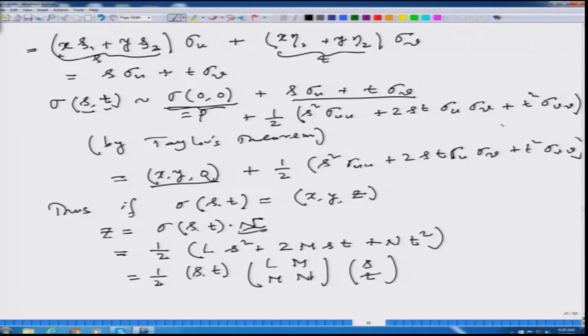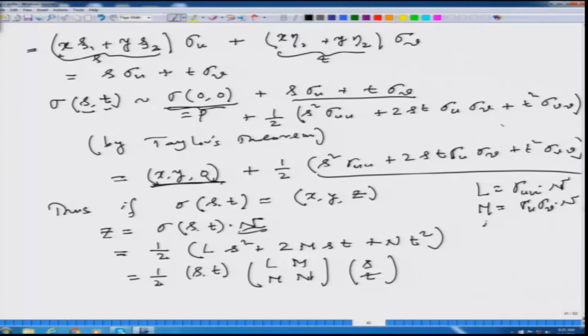So, the dot product of n with this fellow is 0, and the dot product of n with this fellow is s square times n dot sigma u u, that is our L by definition. Recall L is sigma u u dot n, m is sigma u v dot n, and what remains, n, is sigma v v dot n, correct. So, the second fundamental form comes here because only this term remains, and I have just written it in matrix form.